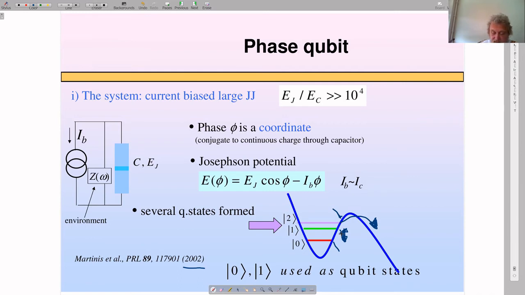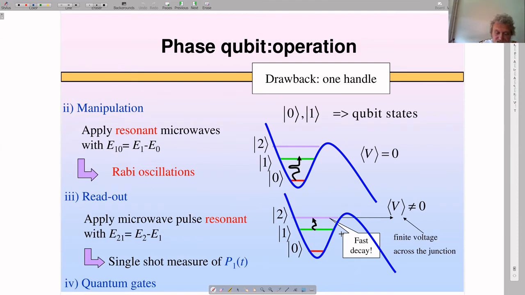Let us see how one can achieve manipulation over there. It's a resonant manipulation. A little bit of a drawback of this scheme is that we can modulate only the current applied to the junction. We can slightly shake this potential. Only one parameter that we can change, but that's enough.